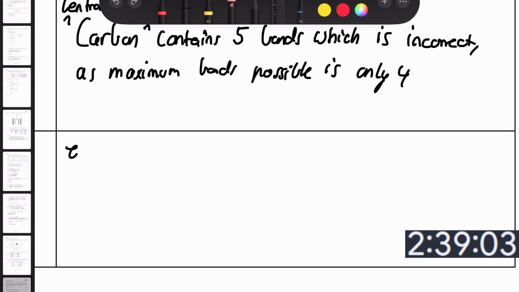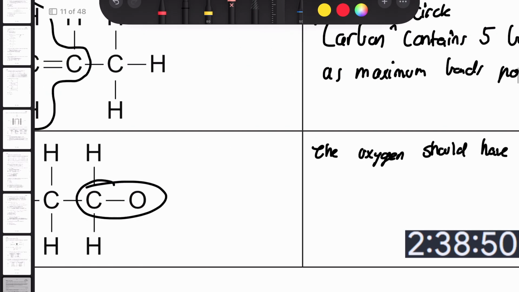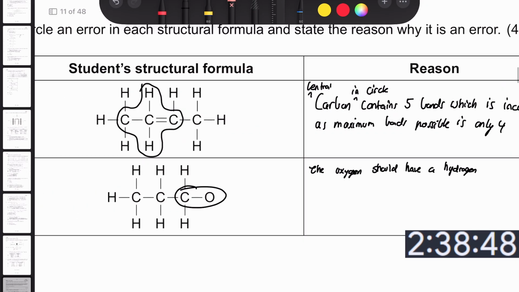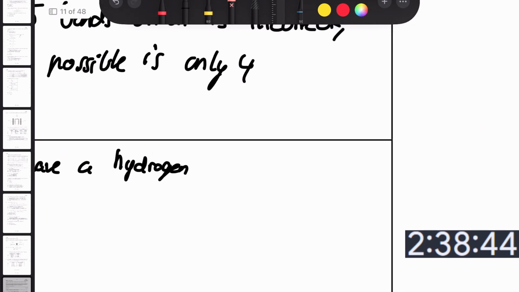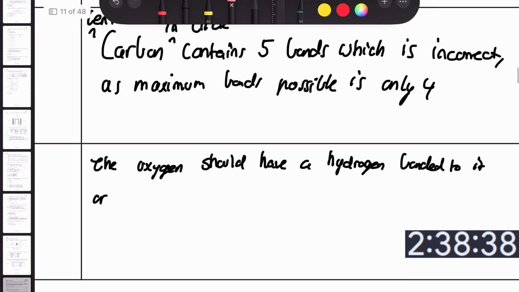The oxygen should have a hydrogen bonded to it, because this could be the student trying to draw a ketone, I mean an aldehyde, or it's trying to draw an alcohol. Double bond to the carbon.